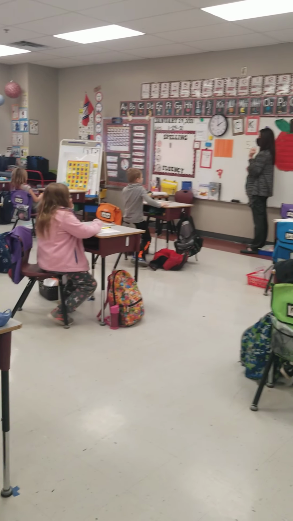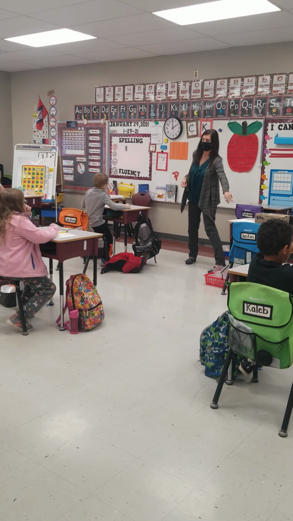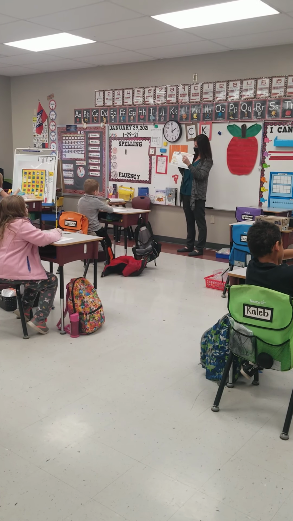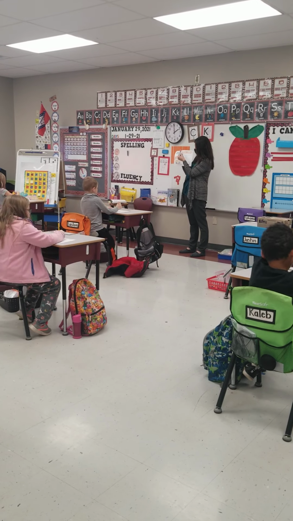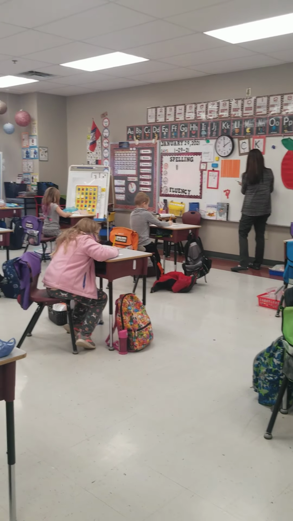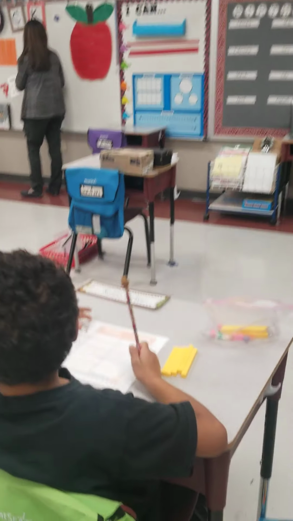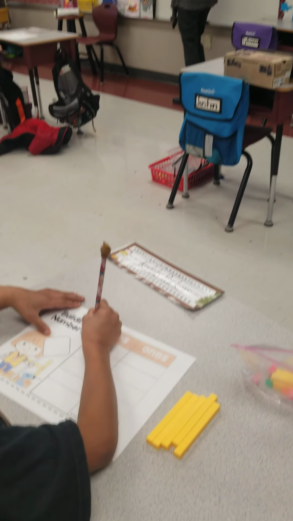Which number do you think is going to go in your tens? The 5. So on this chart, where are we going to put it? Over here or over here? Over this way. So write your 5 right there. And which side are we going to write the ones? 2. So write that on your chart.